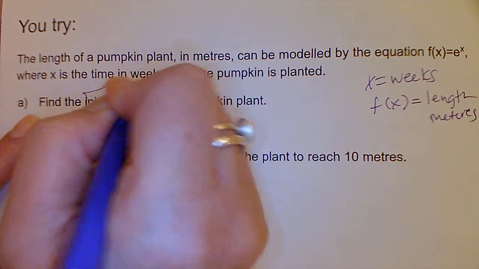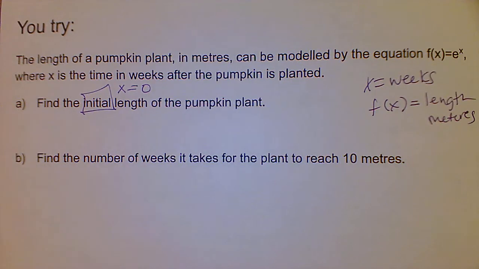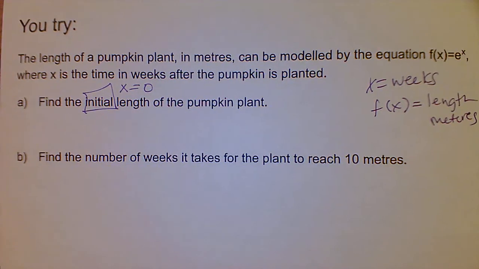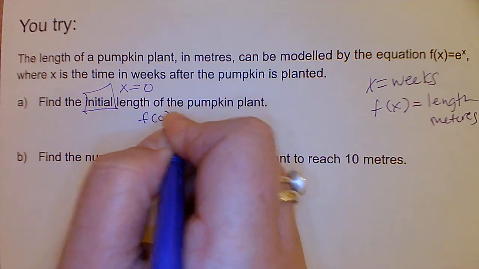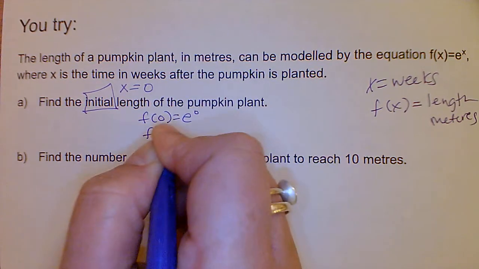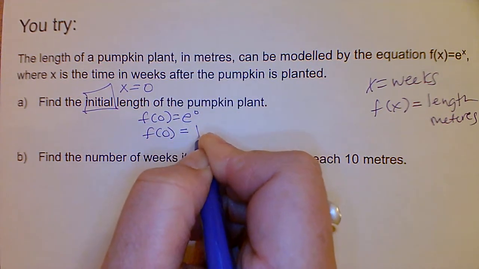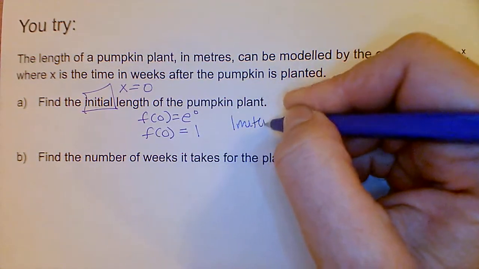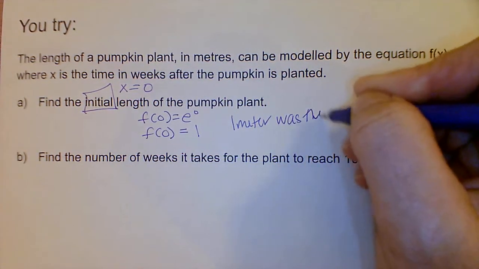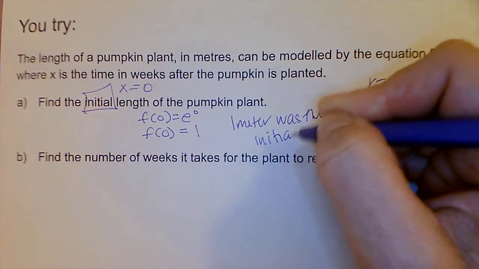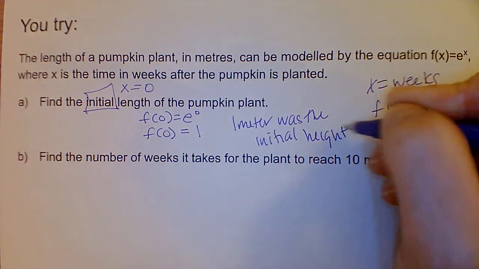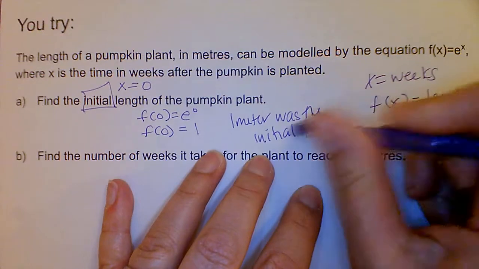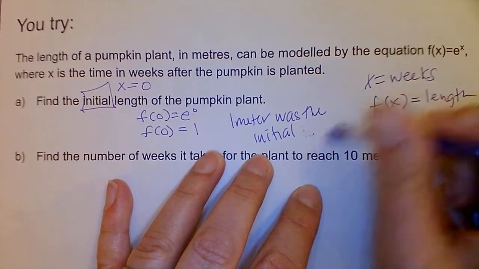Initial, my brain now knows x is going to be 0 because I remember initial is going to be when x is 0. So I'm going to substitute in 0. And then I'm going to do e to the 0 in my calculator, and I'm going to get 1. So 1 meter.